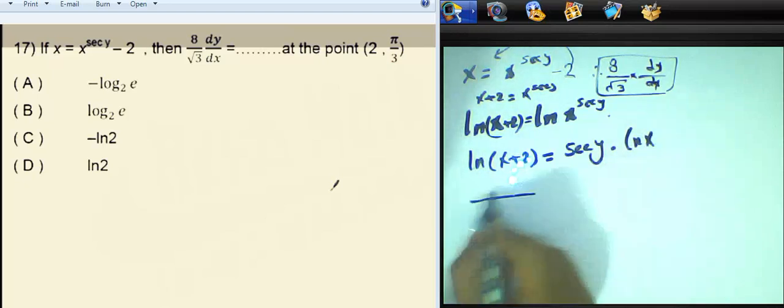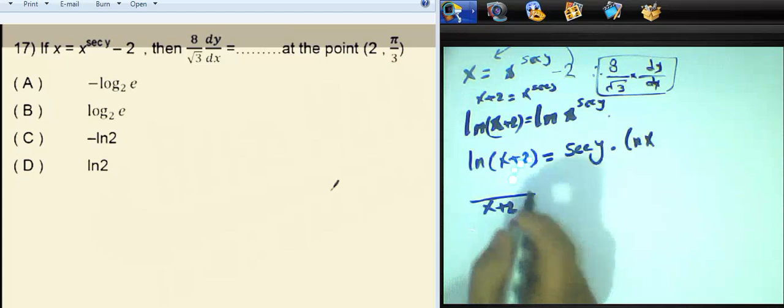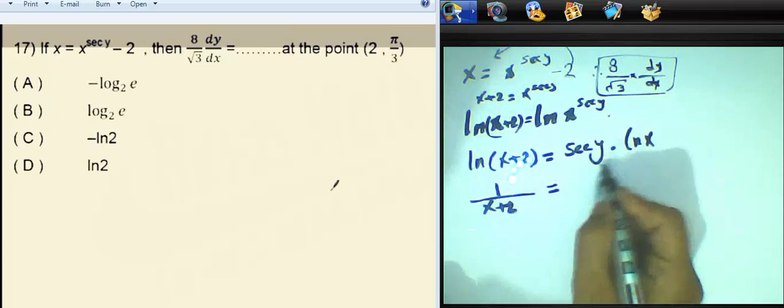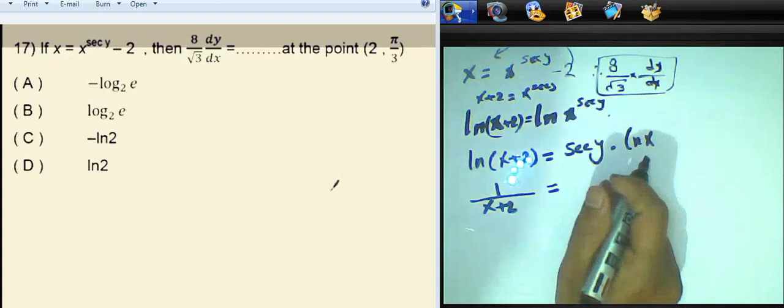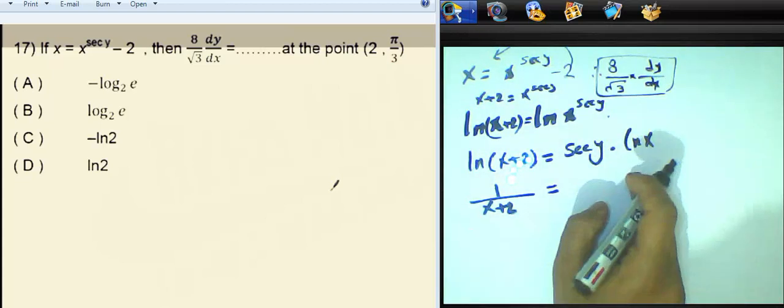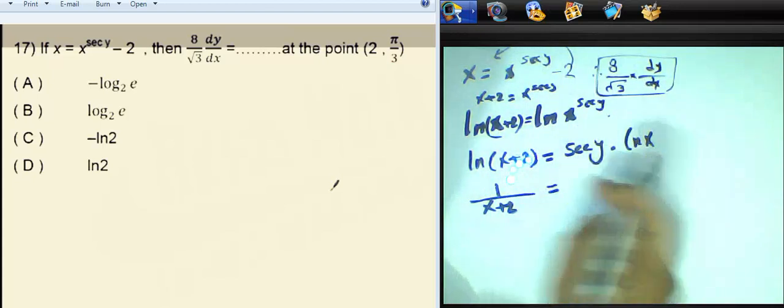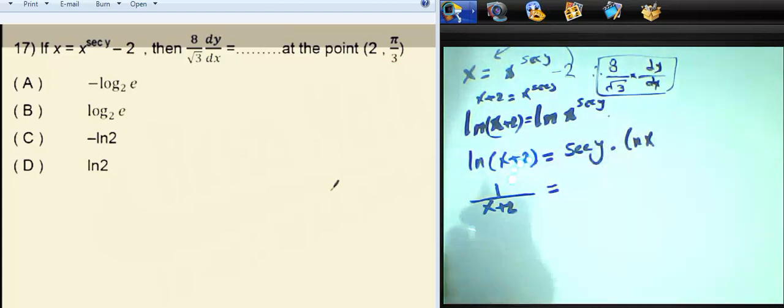Derivative of this function: x plus 2 down here, the derivative of this function will be 1, and the derivative of sec y multiplied by ln x is first multiplied by the derivative of the second, plus second multiplied by the derivative of the first.